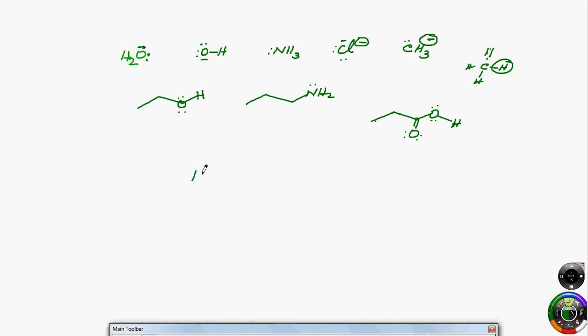What about methane? Obviously not, because this does not have a pair of electrons to donate.